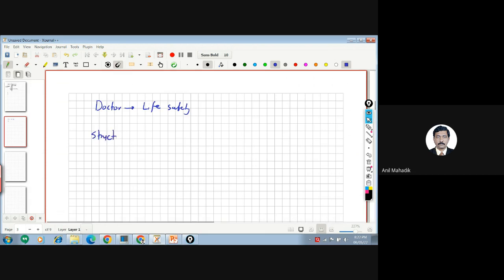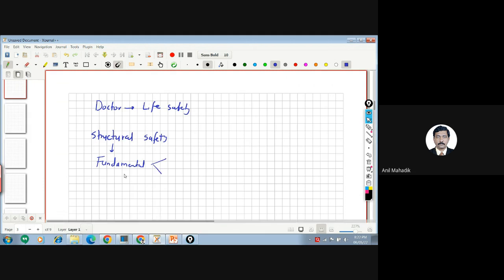Ultimately, we are concerned about the life safety of the people living in the flats or whatever that structure is. In an audit, first you can do the fundamental study, fundamental analysis, fundamental design.